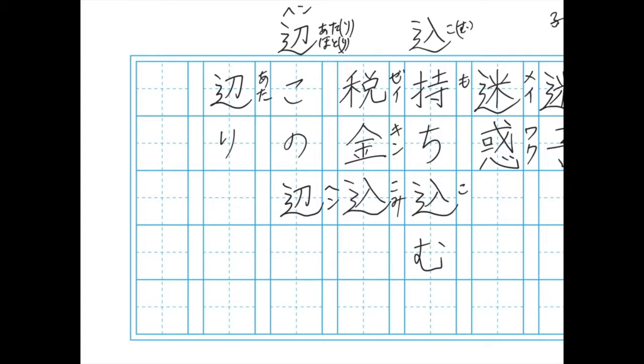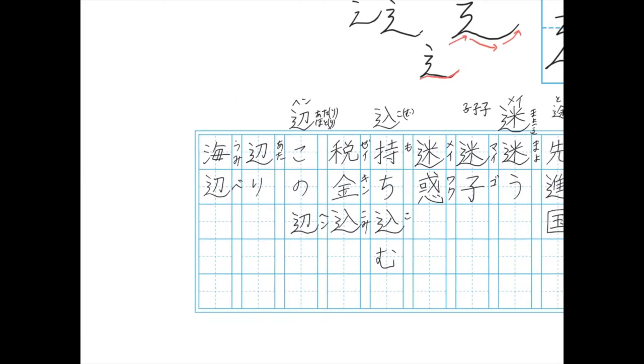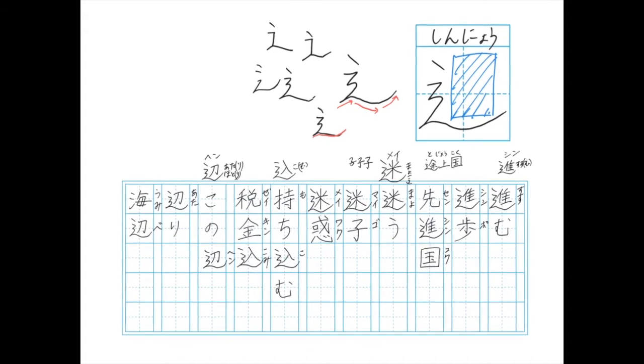Last jukugo for 辺 atari is 海辺, which is the beach or the seashore. So さんずい, 毎日の毎, 海, and then べ. It's not a full 辺, it's a special reading. 海辺, seashore.